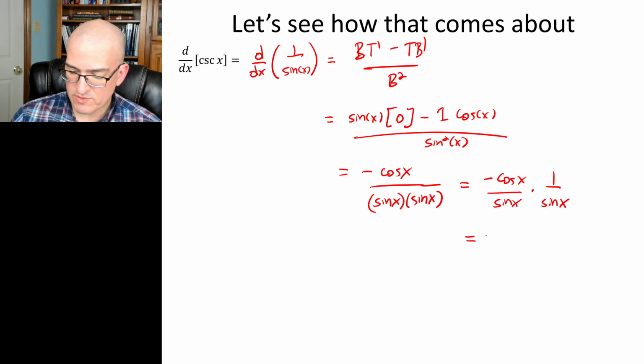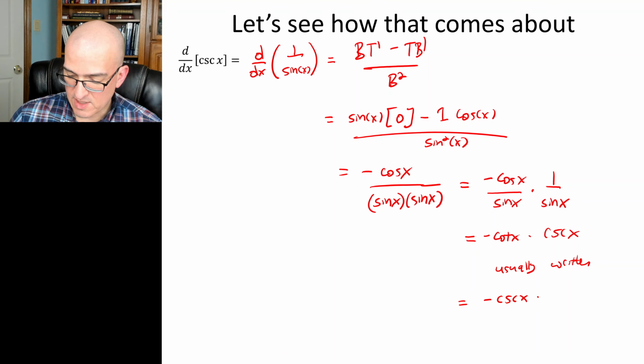Cos over sine is cotan. 1 over sine is cosecant. And it's usually written as negative cosecant of x times the cotan of x, just changing the order of multiplication of those terms. It doesn't matter what order you multiply two scalar quantities in.